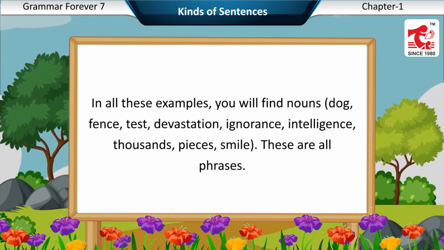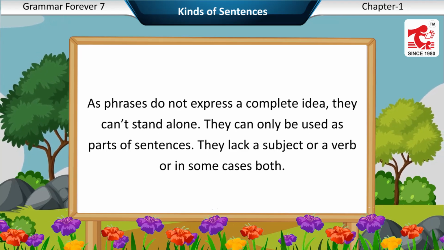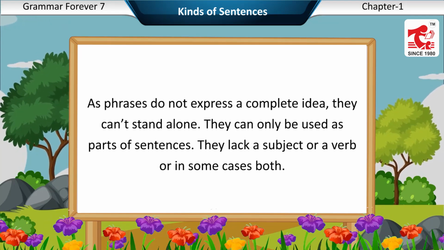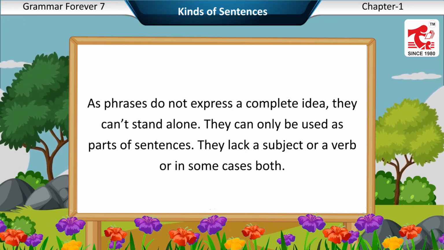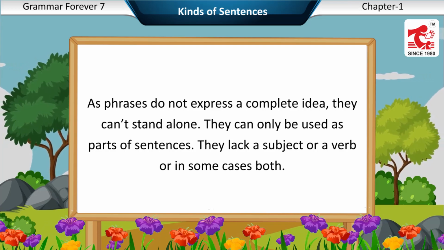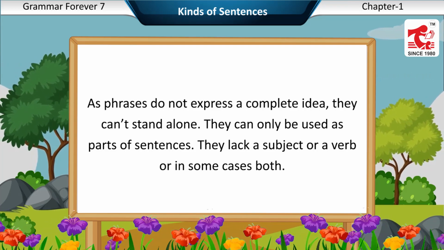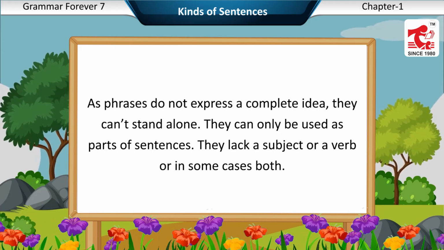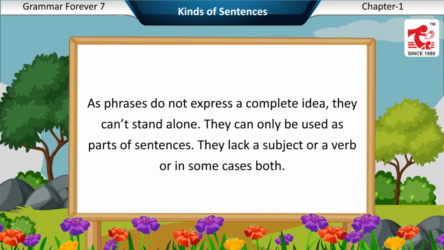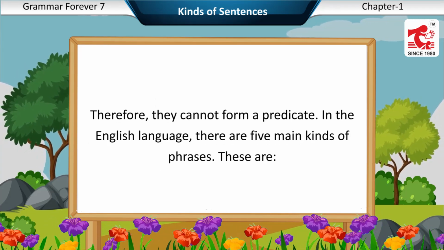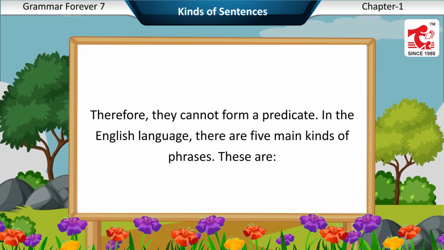These are all phrases. As phrases do not express a complete idea, they can't stand alone. They can only be used as parts of sentences. They lack a subject or a verb, or in some cases both. Therefore, they cannot form a predicate.